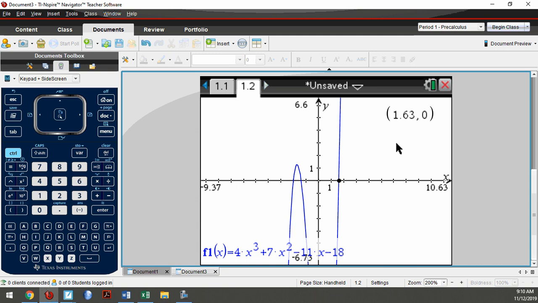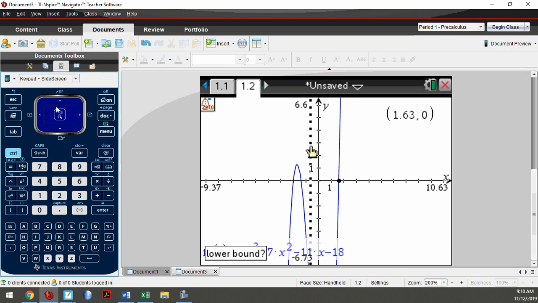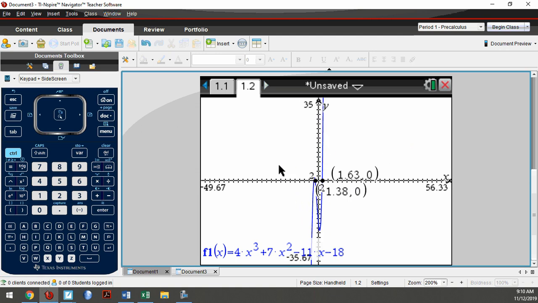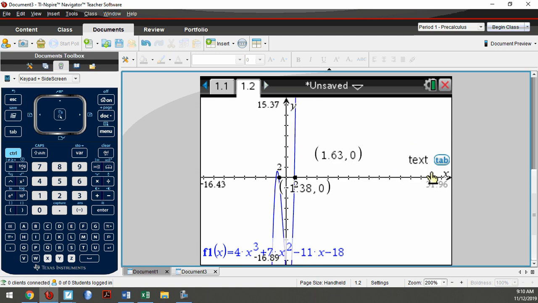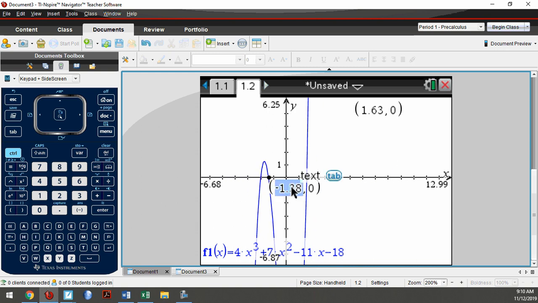So let's do this again. Menu, analyze graph, zero. Negative 1.38. And now I'm going to do it again.